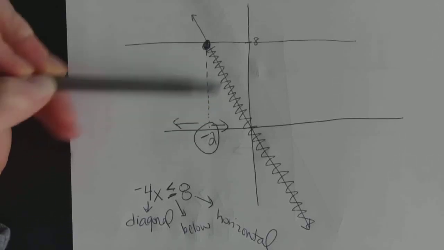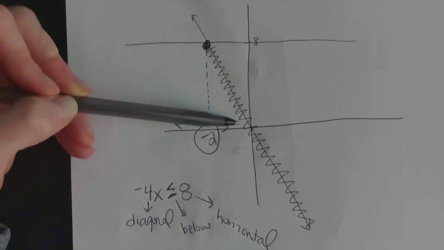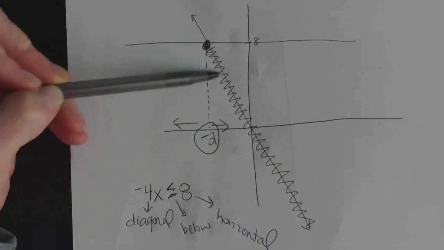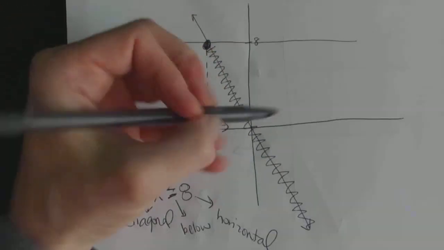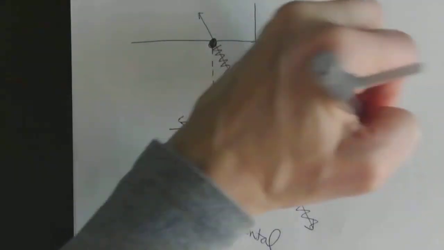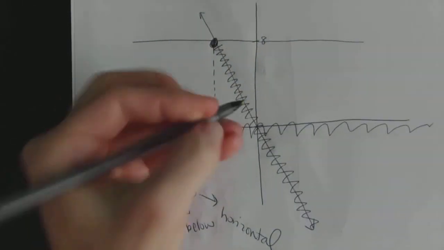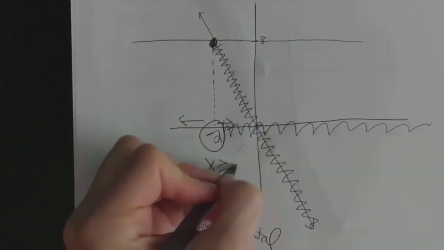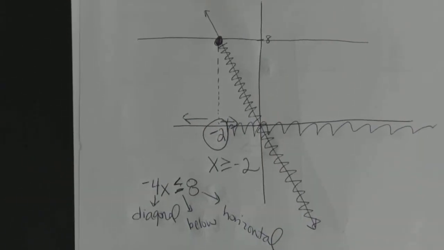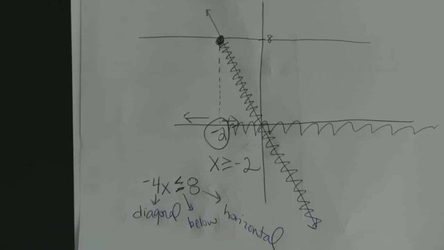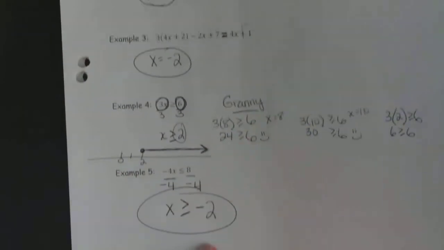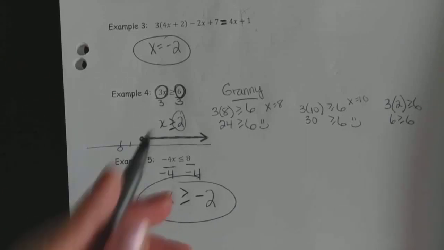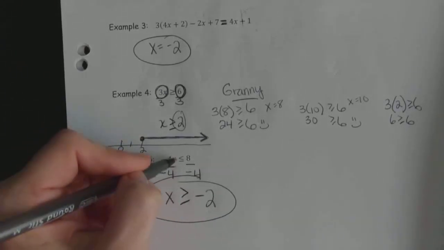But if I go to the right, do you see how everything to the right of -2, if I track this shading down to the x, all of this squiggle goes with this part of the x-axis. And so all my solutions have to go to the right of -2, greater than or equal to -2.